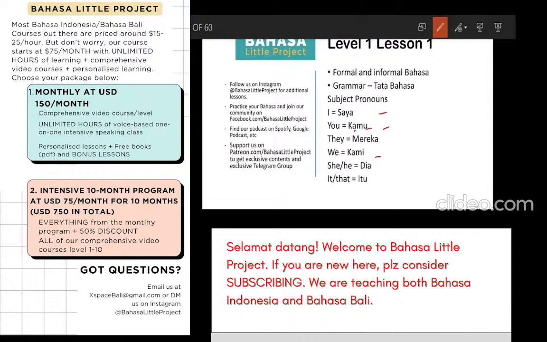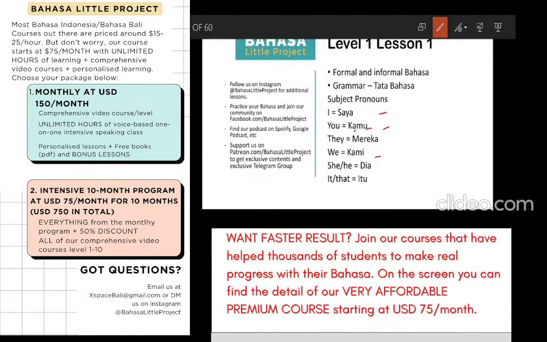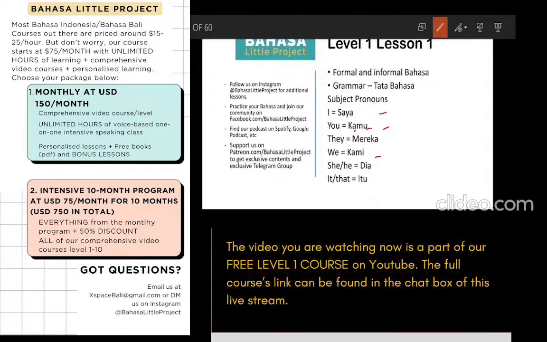Saya. How do you say they? Mereka. How do you say she or he? It's dia. Good. So try to repeat that over and over again until you master the subject pronouns in Bahasa.